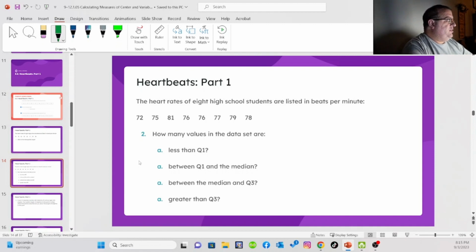For number 2, they ask how many values in the data set are less than Q1, how many are between Q1 and the median, how many are between the median and Q3, and how many are greater than Q3. Remember what a quartile represents. Think about that word quarter.